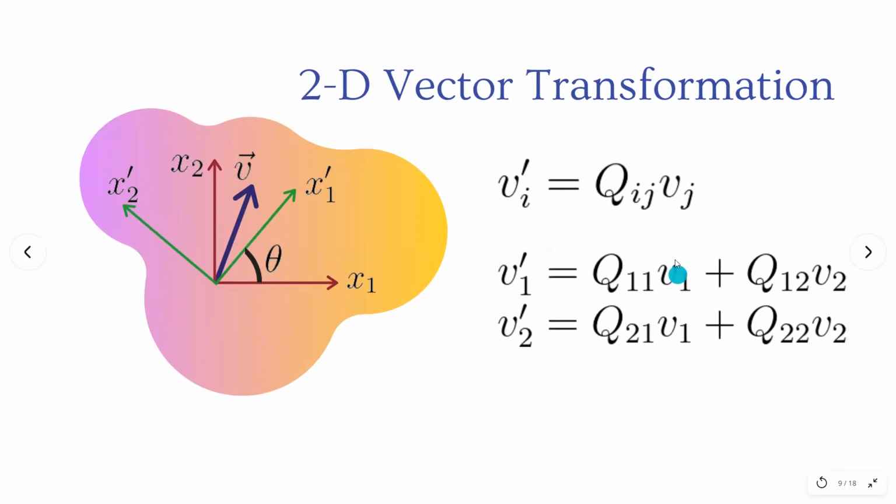So expanding a free index means that you should expand it by summing the terms. So yan, yung J is expanded to 1, 1, 1, 1, 2. And then the free index is expanded by expanding it into equations. Now, since 2D lang tayo, hanggang 2 lang yung expansion natin.